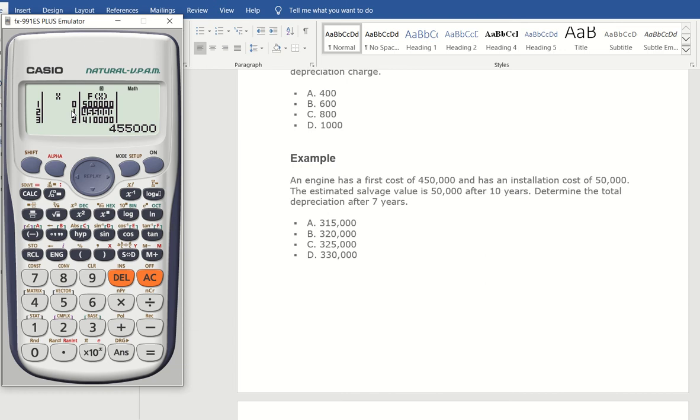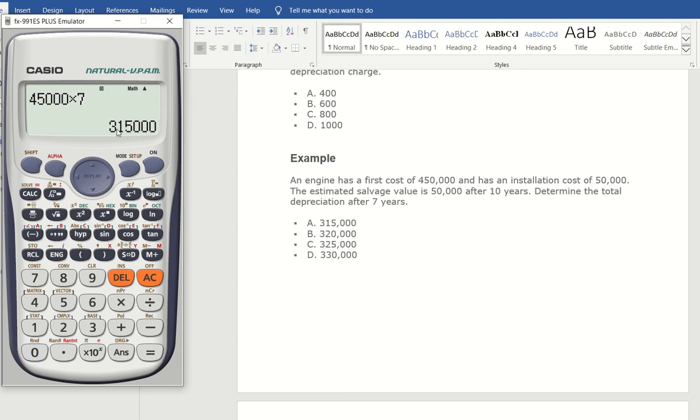So since we have 45,000 and it's asking for the whole 7 years, all you need to do is get 45,000 times 7.